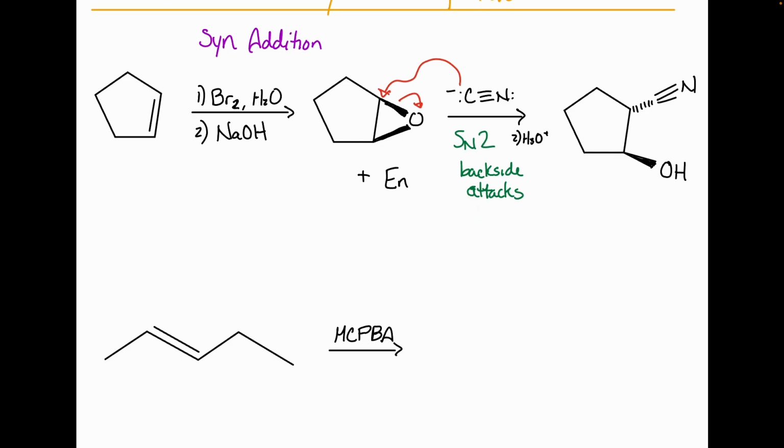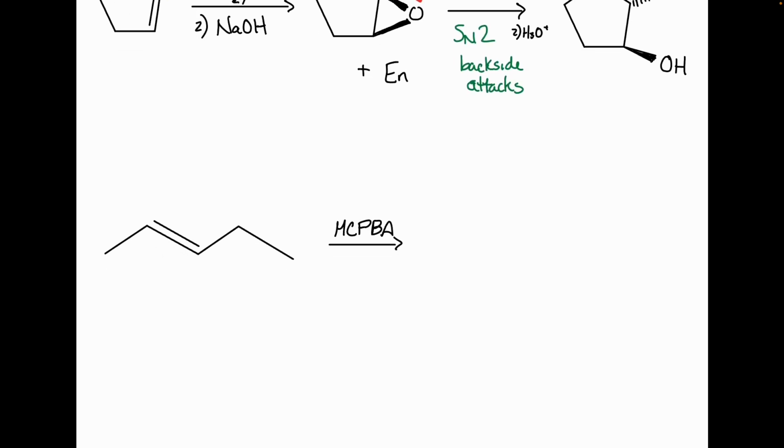That oxygen can only be attached on one side of that double bond. So either it's going to be placed on the very top or it's going to be placed on the very bottom. But my stereochemistry of this alkene is going to be preserved when my epoxide forms. Okay? So if I start out with my trans alkene, when my epoxide forms, I'm going to have one of those groups. I'll do my methyl group pointed forward.